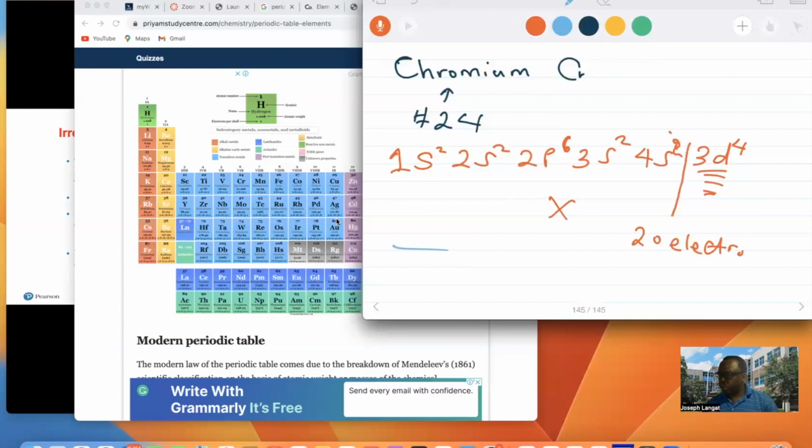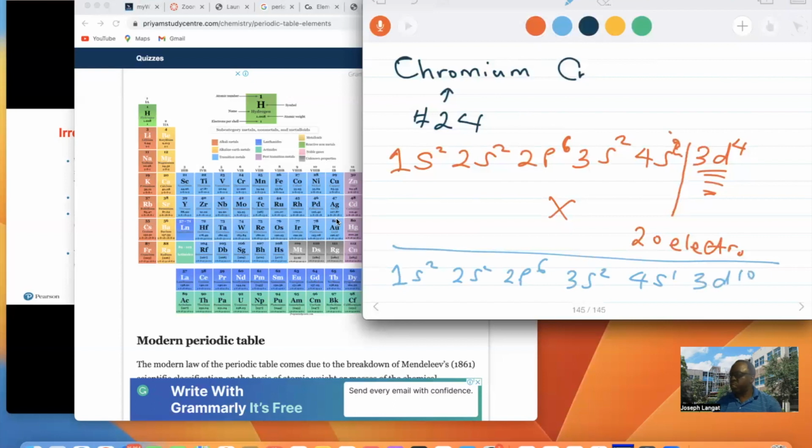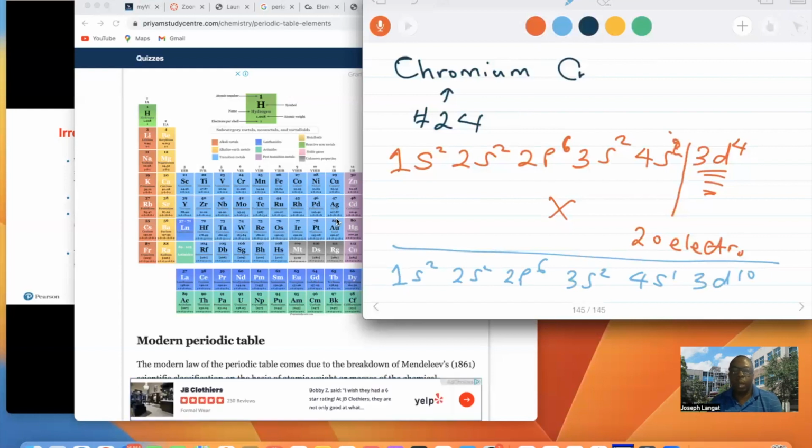For chromium, it's going to be 1s2, 2s2, 2p6, 3s2, 3p6, 4s1, and 3d5. You may ask how and why. It turns out that the atom is stable when the d sublevel is half filled, which is 5.